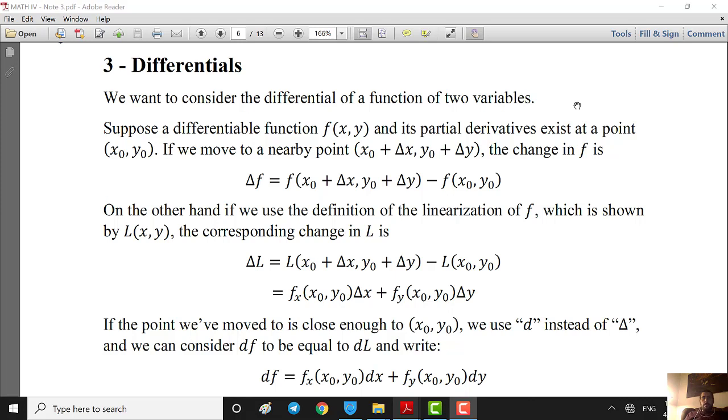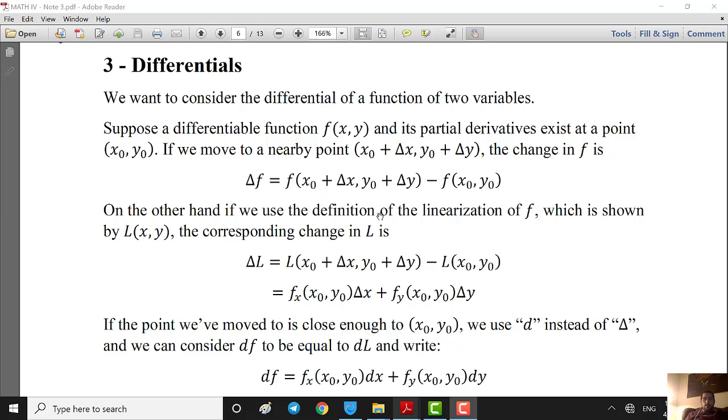Now, if we move from that point to a nearby point (x0 plus delta x, y0 plus delta y), then the change in the function f would be delta f equal to f at the destination point minus f at the departure point. So it is going to be f at (x0 plus delta x, y0 plus delta y) minus f at (x0, y0).